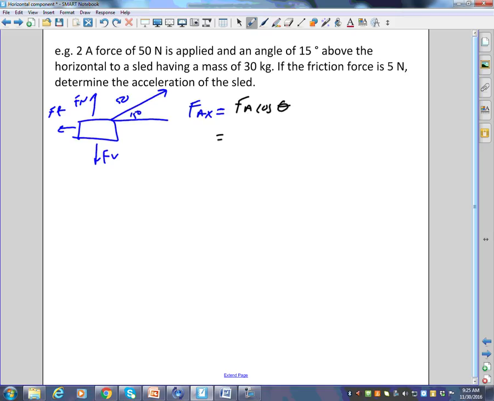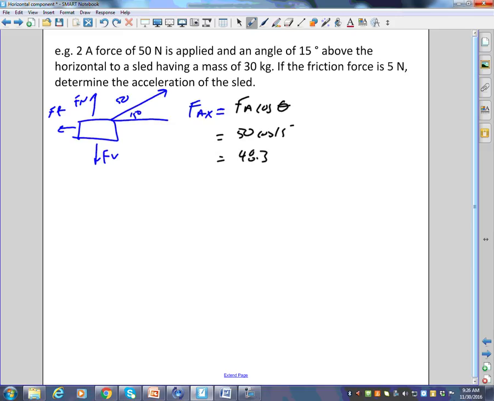So this is going to be 50 cos 15, which is 48.3. Basically what we're doing is this.